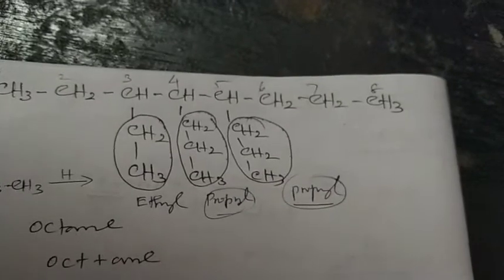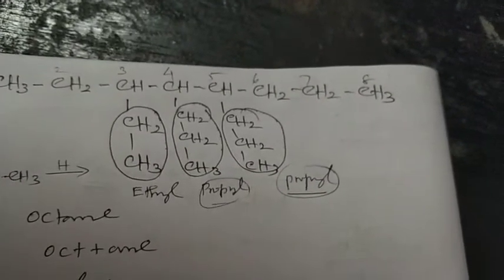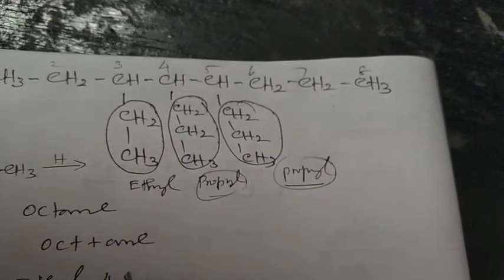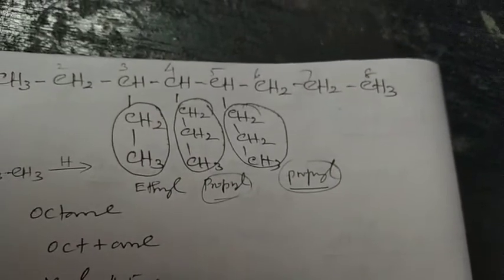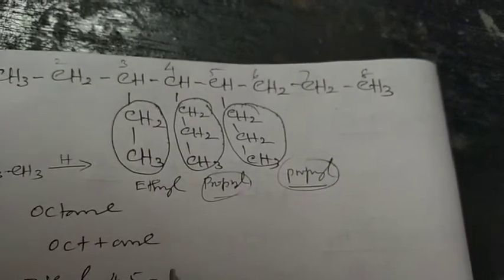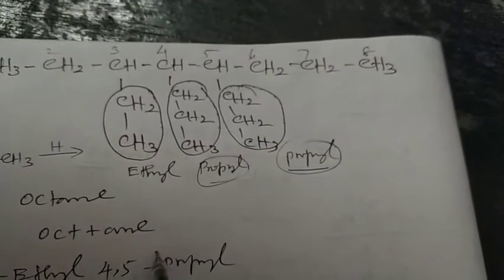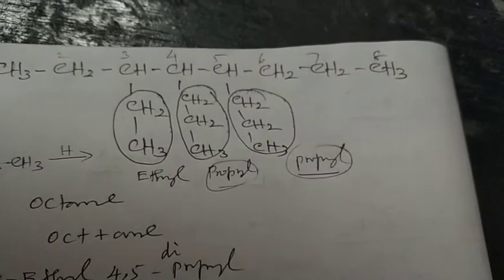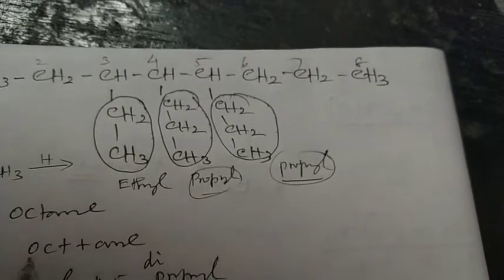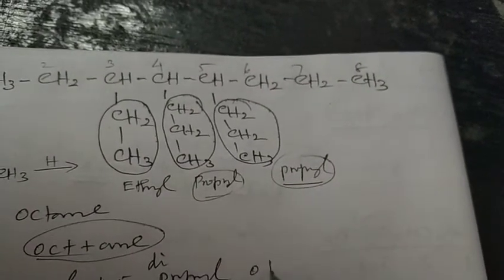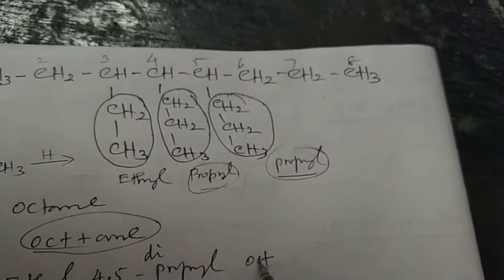With the fourth carbon and fifth carbon, propyl is attached. Two propyl is attached, which is why we are going to write dipropyl. And what is the root word? Octane.